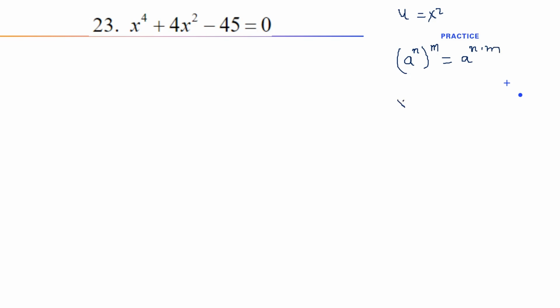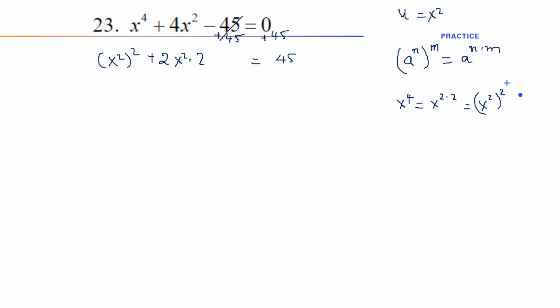I can rewrite x to the power of 4 as x to the power of 2 times 2, or x to the power of 2 and then squared. Rewrite it, so x squared plus 2 times x squared equals, I move the negative 45 to the right, so it becomes 45 because we add 45 to both sides.